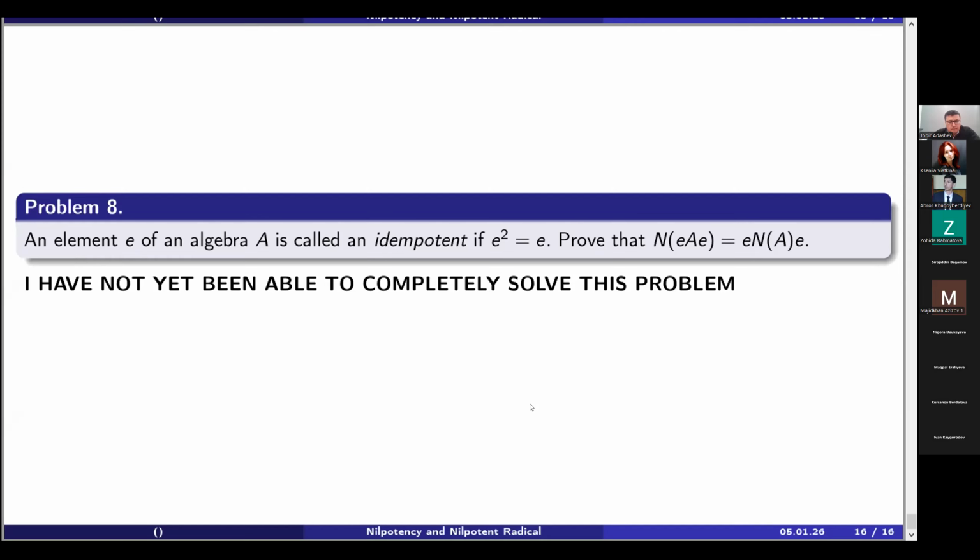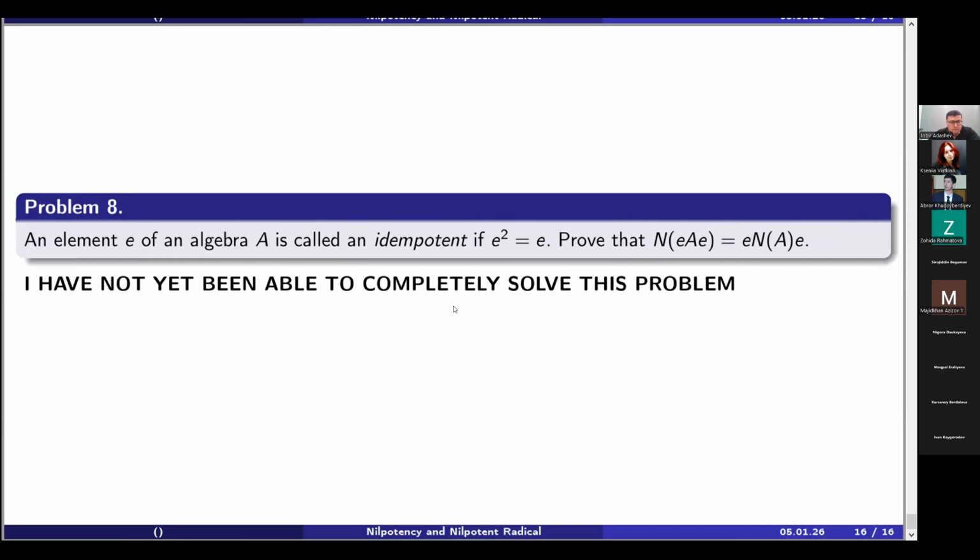So, what was your last problem? I asked. I did not manage to solve this completely. An element a is called idempotent if a squared equals a.